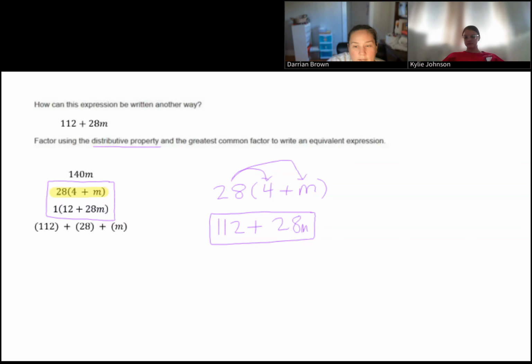So you would start with 1 and go all the way up to the actual number, and whichever they have in common, whichever one is the highest, is what you would factor by. It's just a little workaround to use the answers that they provide you as a starting place. Let me delete that box.